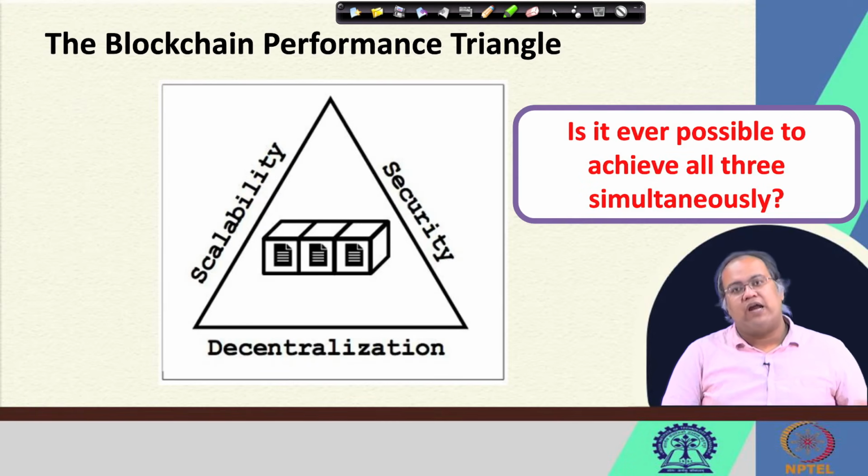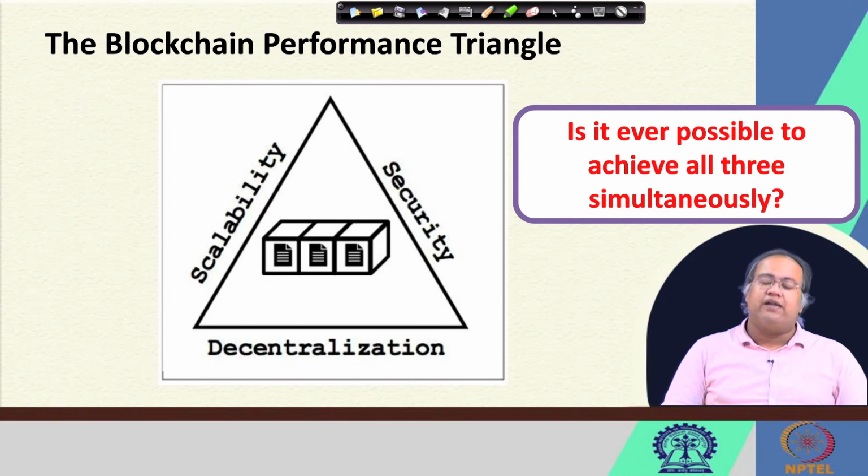So, this is the point where we stopped in the last lecture. We mentioned this performance triangle of a typical blockchain architecture, where we have a trade off between three parameters: scalability, security and decentralization. And our question was whether it is ever possible to achieve all these three requirements simultaneously. Well, in that context Algorand tries to solve this problem.